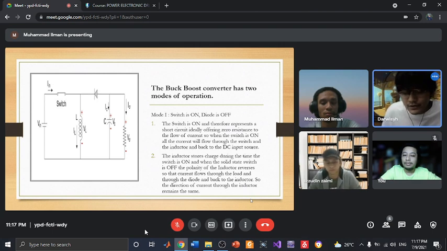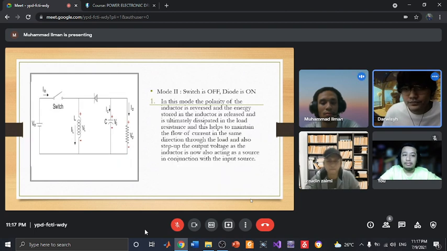The inductor stores charge during the time the switch is on, and when the solid state switch is off, the polarity of the inductor reverses. So the current flows through the load and through the diode back to the inductor, so the direction of the current through the inductor is the same.